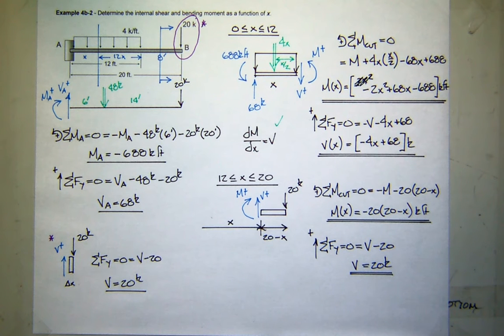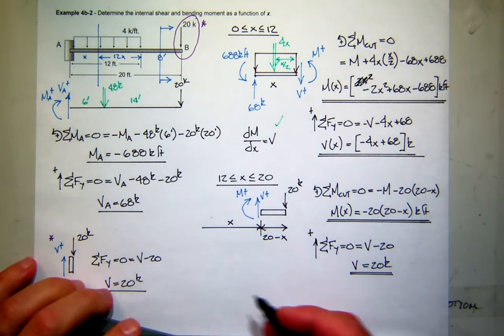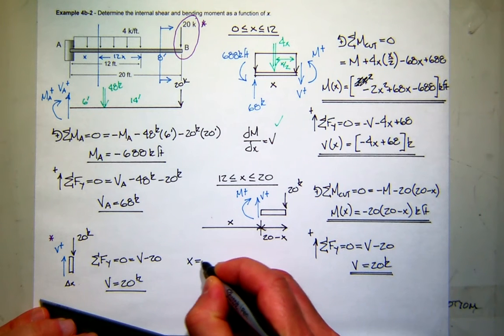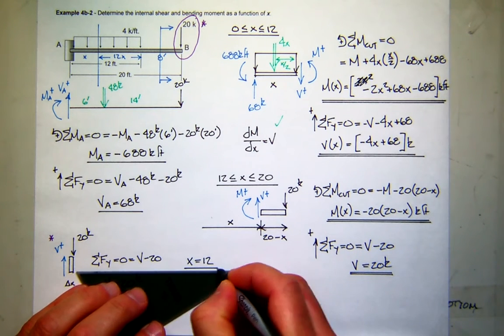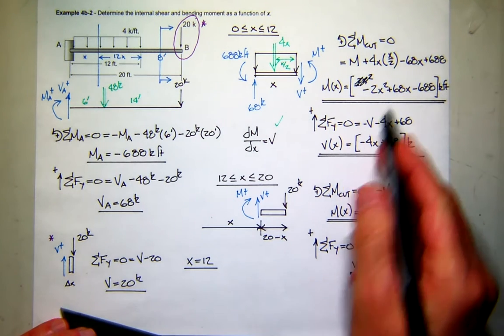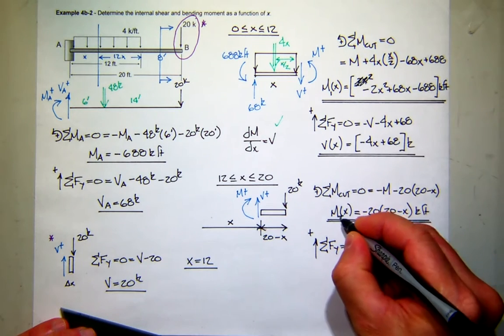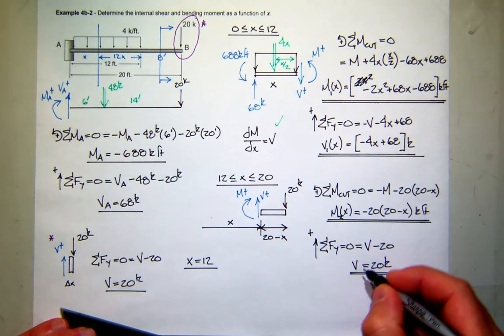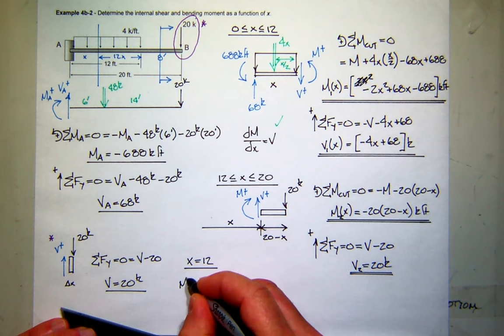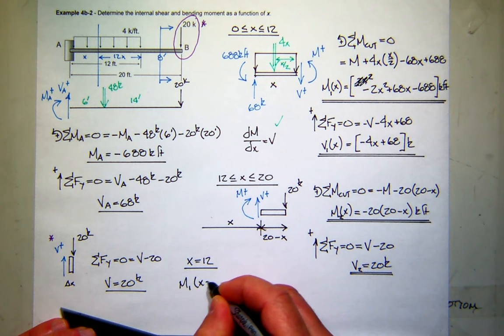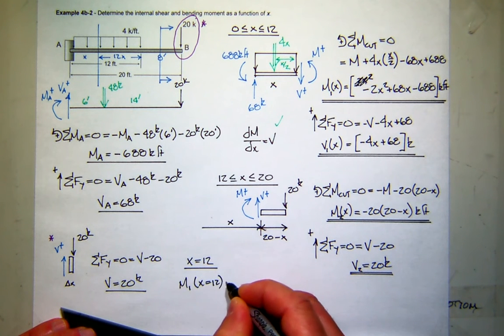Yes? If you were solving for x equals 12, which set of equations would you use? Both. That's a very good question. Let's do that. What happens at x equal 12? Well, let's do the moment first. Let me call this 1 and 2. What is the moment from 1 at x equal 12? Somebody compute that.